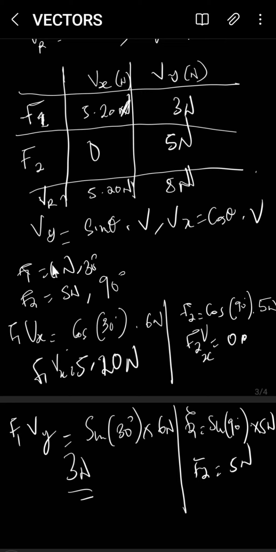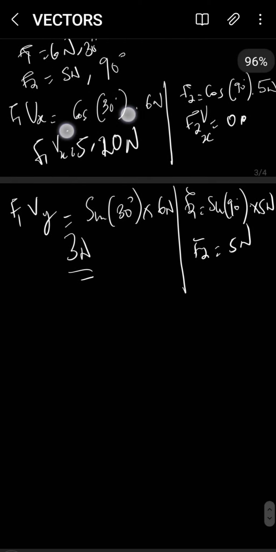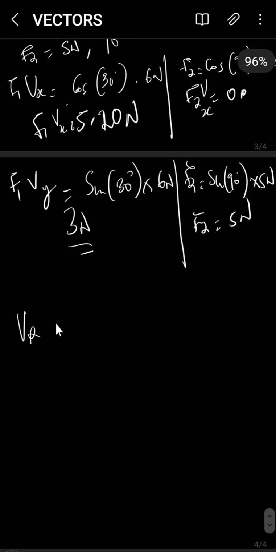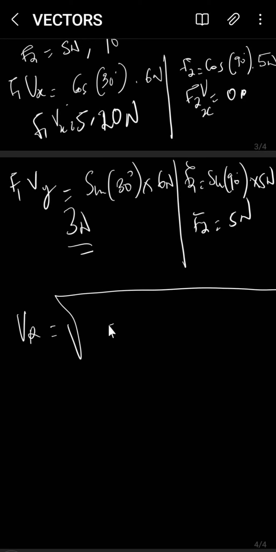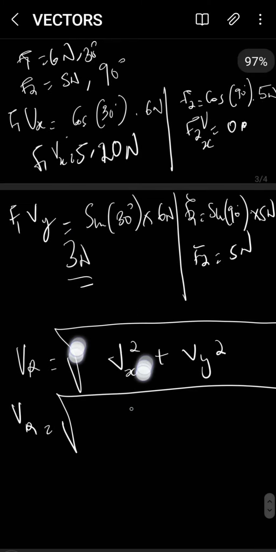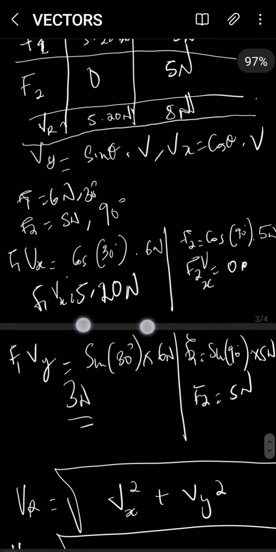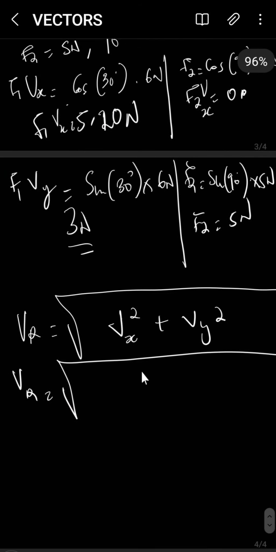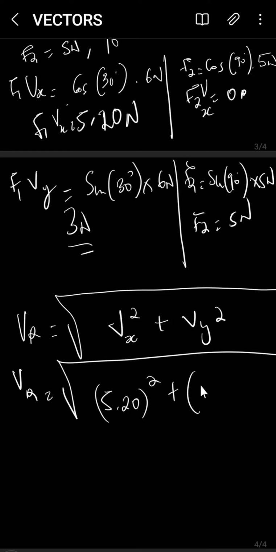Okay, in that case, we have our components. How do we find our resultant? Our VR is equal to what? We already know the formula by now. So VR is equal to the square root of x squared plus y squared. Our resultant x is 5.20. So 5.20 squared plus 8 squared newtons, right?